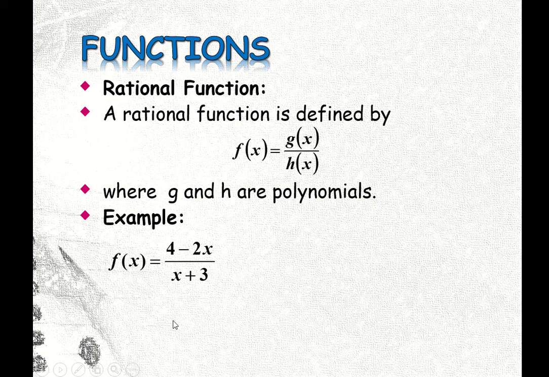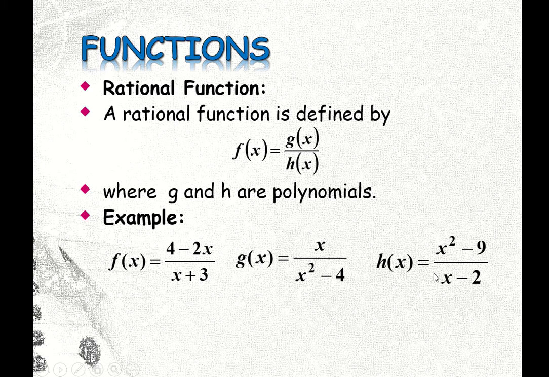For example, if you have f of x equal to 4 minus 2x divided by x plus 3, this is a rational function. The number of terms is more than 1, so this is considered polynomial. We also have another example, g of x equal to x divided by x squared minus 4, and h of x equal to x squared minus 9 divided by x minus 2.